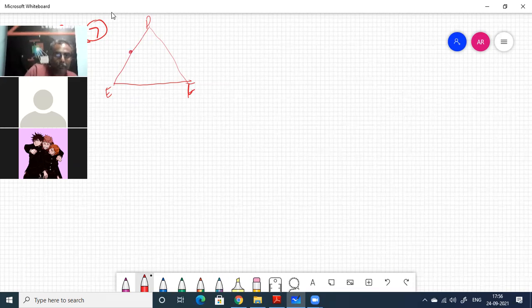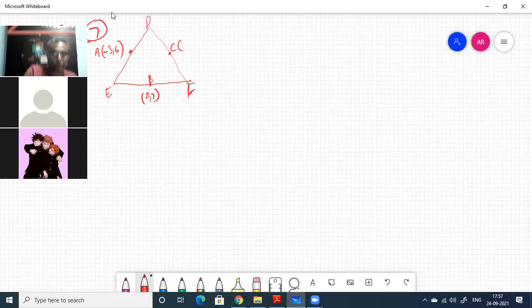A is (-3, 6), B is (-1, 2) and C is (1, 9)... Once this is given, show that the quadrilateral ABCD is a parallelogram.